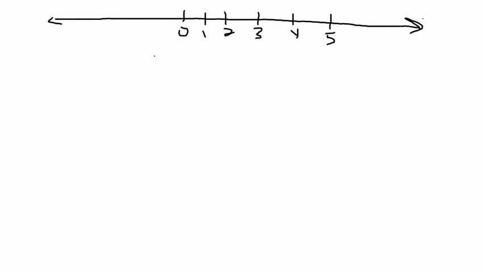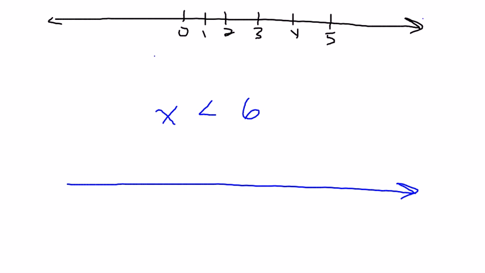Let's consider the inequality x is less than 6. So on our number line, x less than 6 means that x can be any number smaller than 6 or to the left of 6 on the number line.